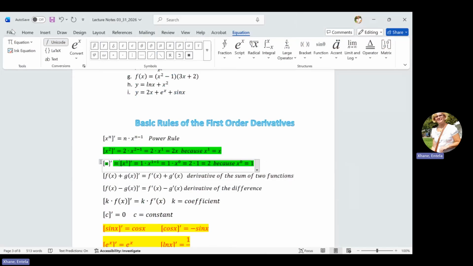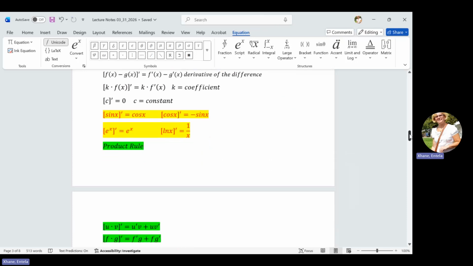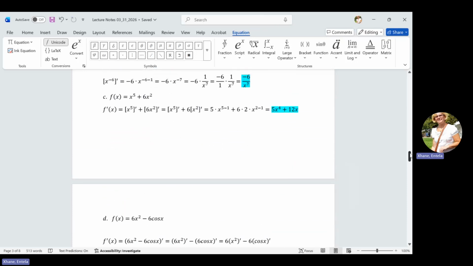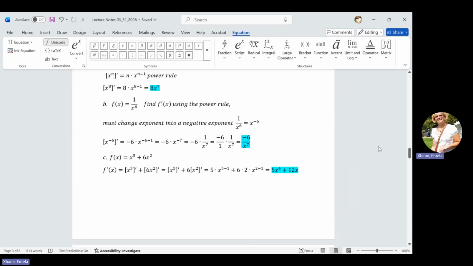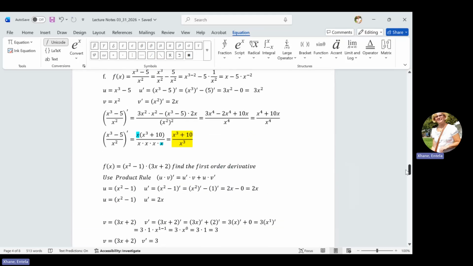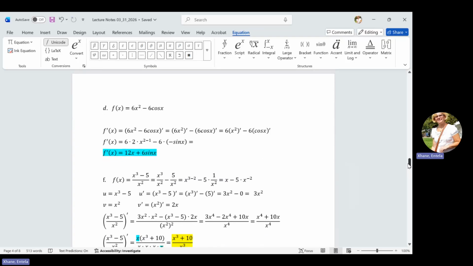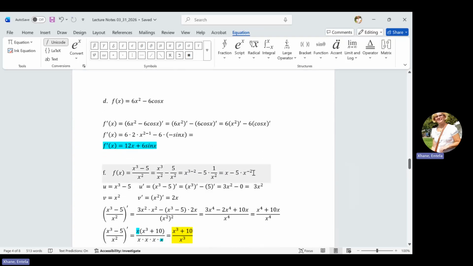So you have this derivative already completed. All you have to do is look at it. It's a special case of the power rule. And the other one is a negative exponent derivative, which was done in part B. So you have a negative exponent example. And once you complete it, you should be able to get the outcome. And I would really like you to take that approach.